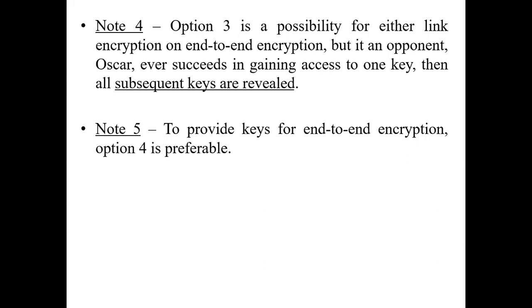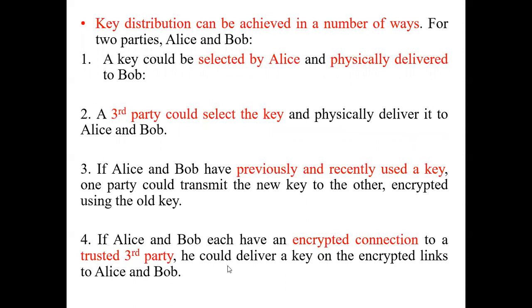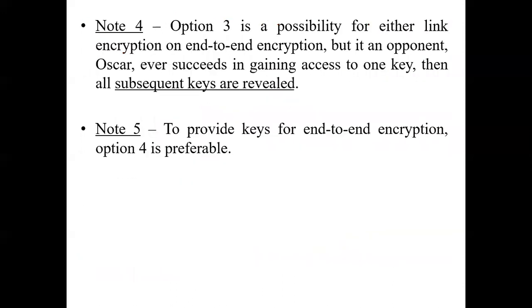Then note 5, to provide keys for end-to-end encryption, option 4 is preferable. What is option 4? The encrypted connection between Alice and Bob. So when a trusted connection is there, you can share the keys between the source and destination.